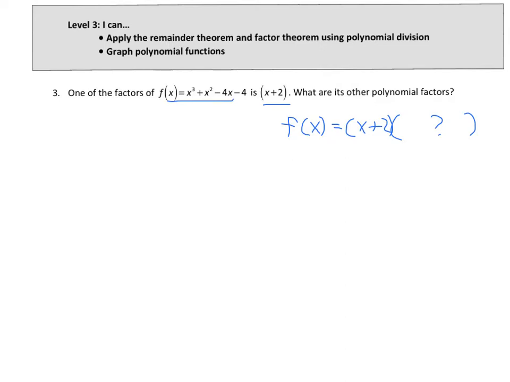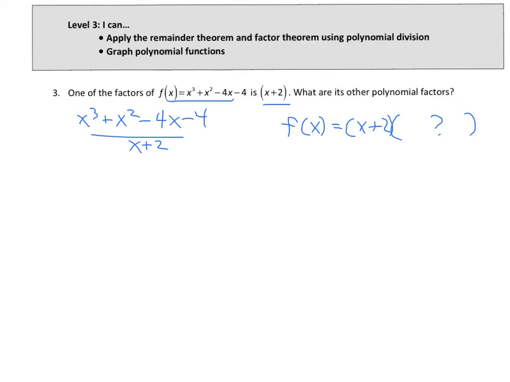So I'm going to divide x to the third plus x squared minus 4x minus 4 by x plus 2. And I can do this using long division or synthetic division. I'm going to use synthetic division because to me it's quicker.